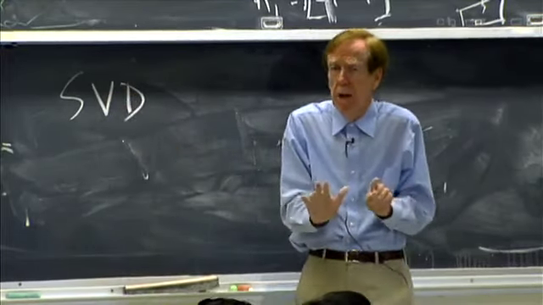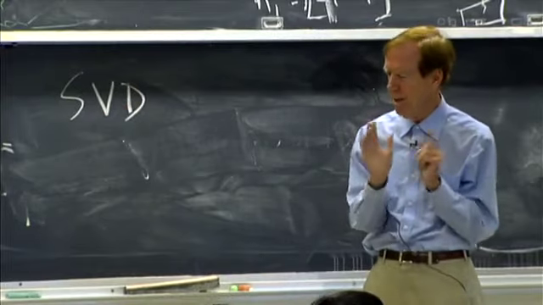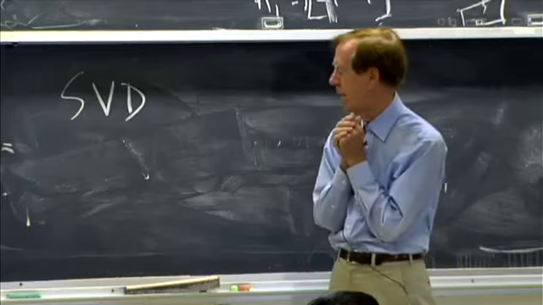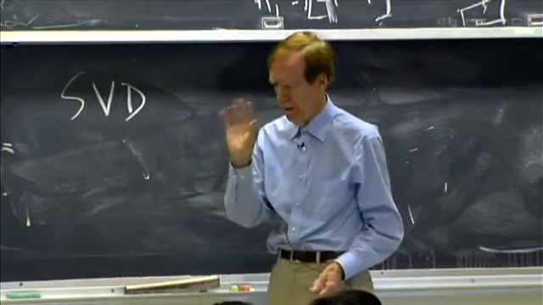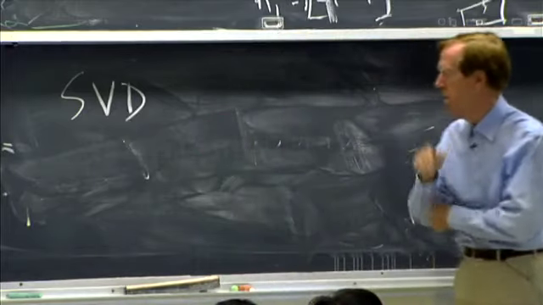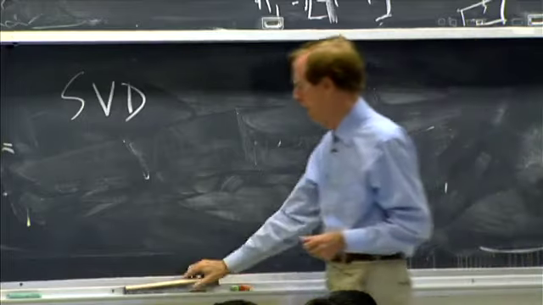Eigenvalues, I hope you're understanding. Positive definite, I hope you're understanding. That's heart of the course stuff. But SVD is a key idea in linear algebra, but we can't do everything. Okay, but we can say what it is.